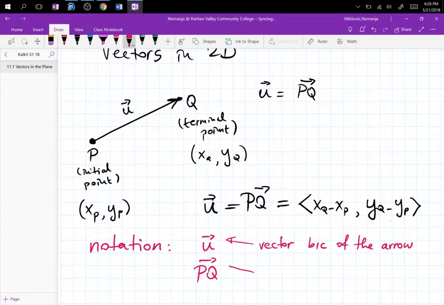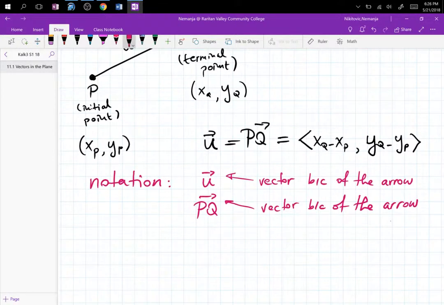PQ, again, vector because of the arrow. And spiky brackets x, y, I know it's a vector because of the spiky brackets.